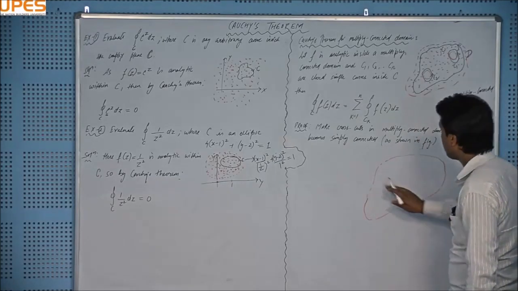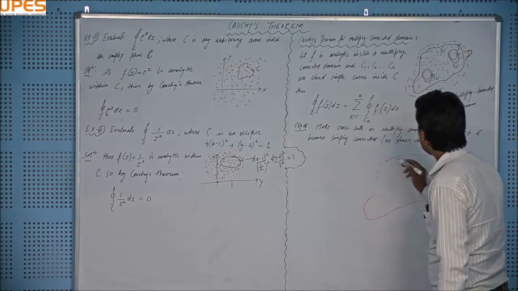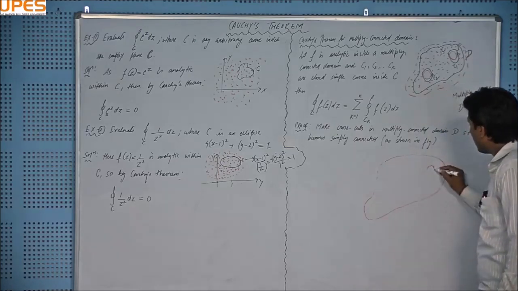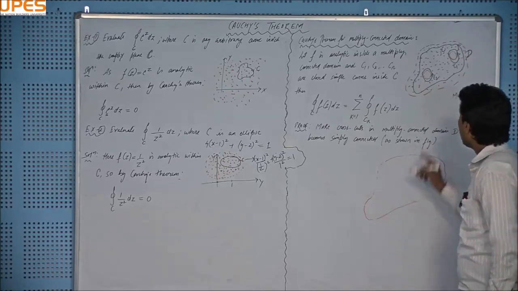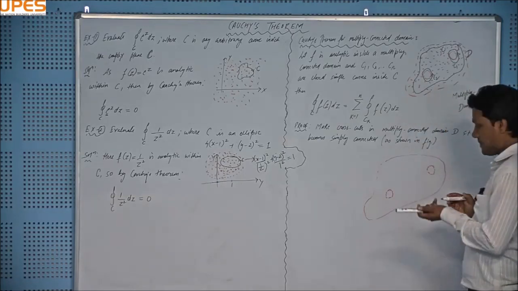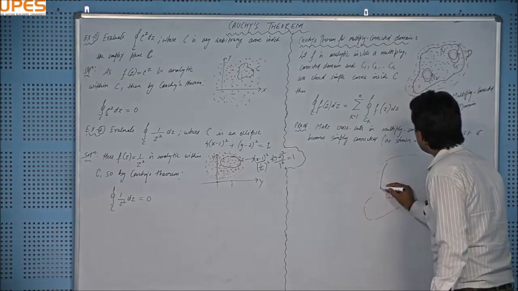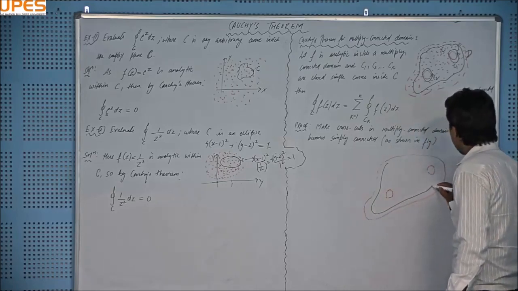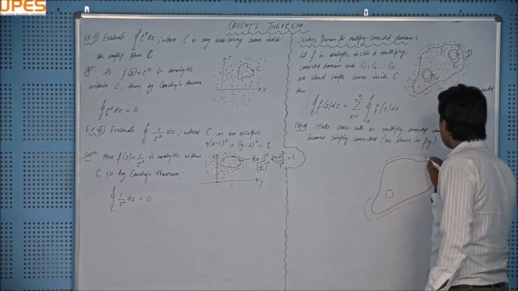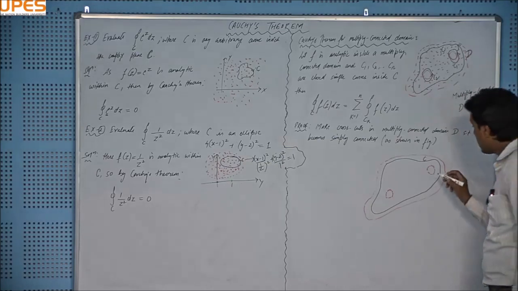Right? Okay. You can see the first hole, and the second hole, right? And we had this outer curve C, and we had two curves C1 and C2 in the original picture.